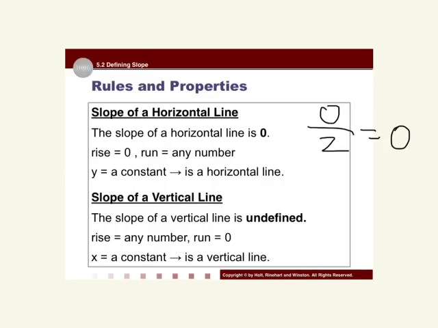So the slope of a vertical line then is not 0, it's undefined because our rise equals any number and our run equals 0. So if our rise is 2 and 0 is our run, 0's in our denominator. We can't have 0 in our denominator because then it just equals undefined.